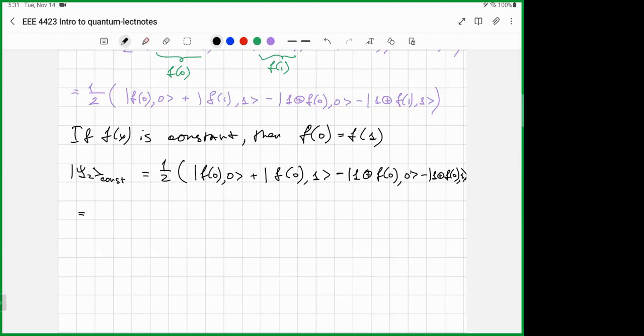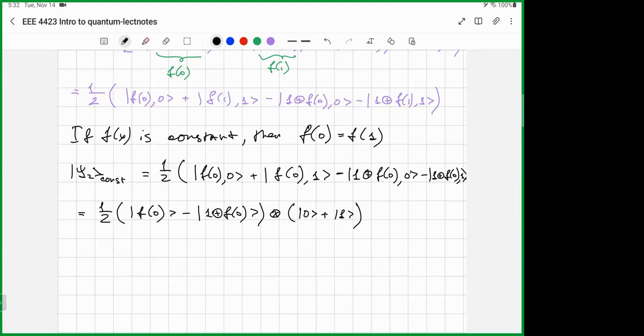And indeed, we can write this as the product of the state f(0) and minus 1 plus f(0) state, tensor product with state 0 plus state 1.